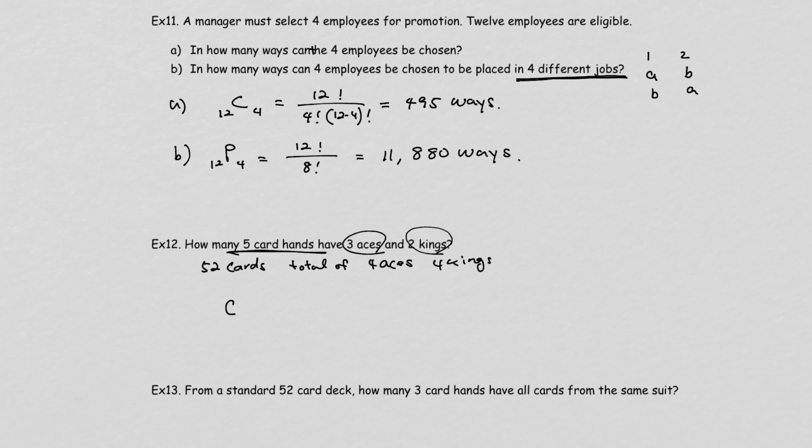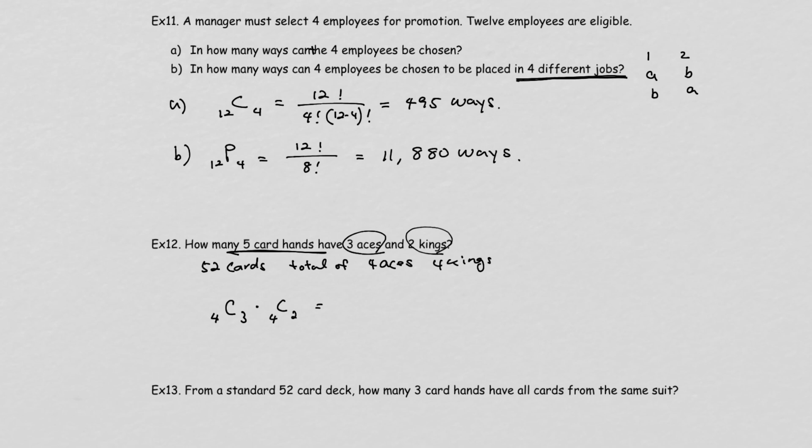But when we're picking those 5, you don't have 5 options for each. Let's say we talk about aces first: you only have a total of 4, and you're picking 3 out of them, right? And then for the next 2, you're going to pick kings, right? So this is going to go by order, so you're going to do multiplication. Out of 4 kings, you're picking 2, right?